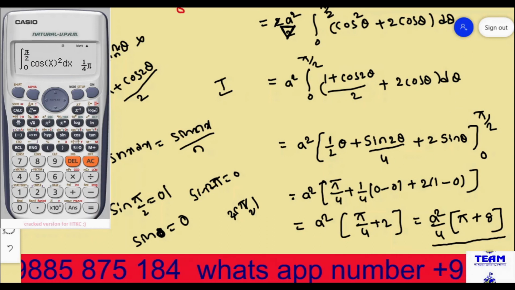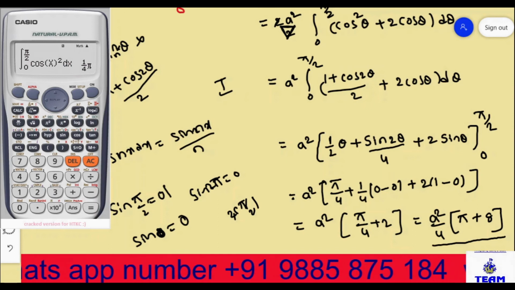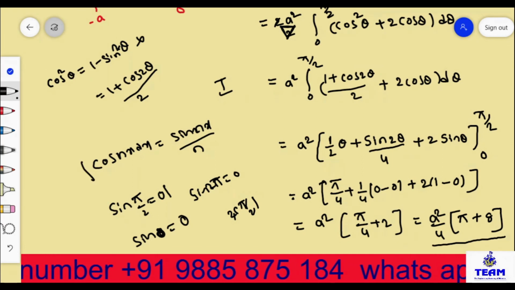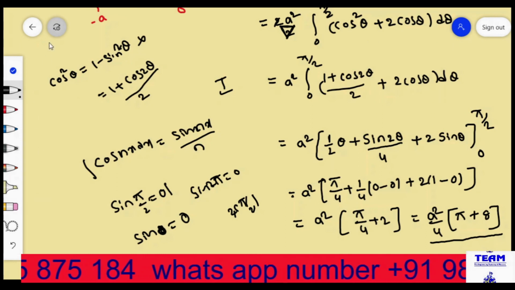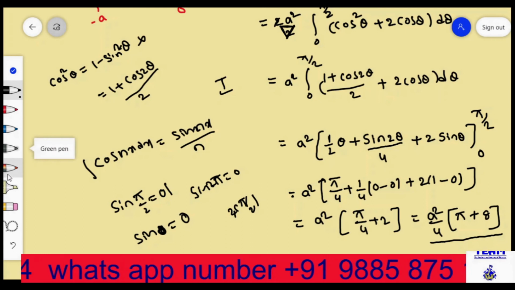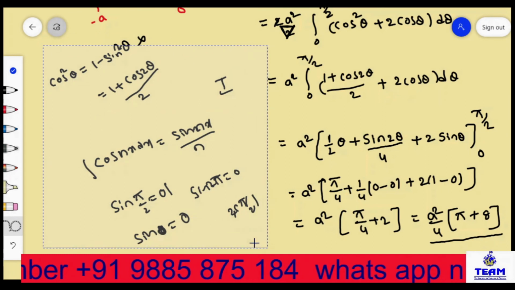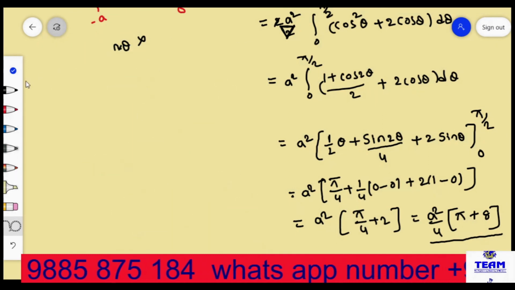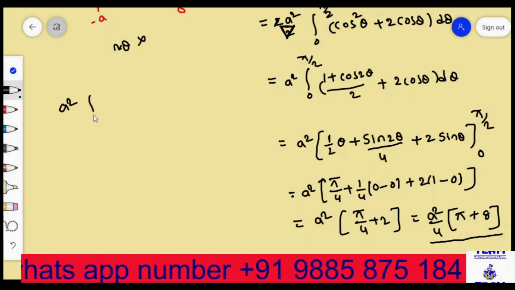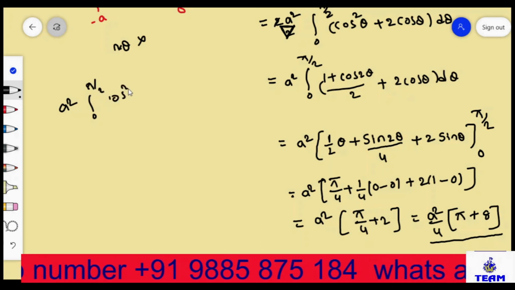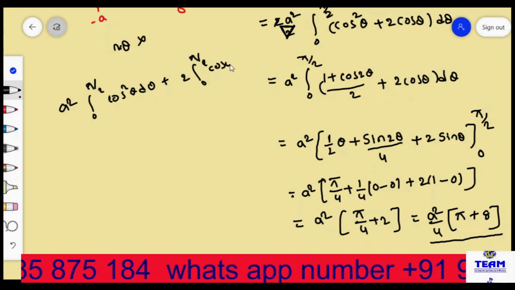Now I am substituting that pi by 4. Now this is, outside you have a square and integral of 0 to pi by 2 cos square theta d theta plus 2 times integral 0 to pi by 2 cos theta d theta.